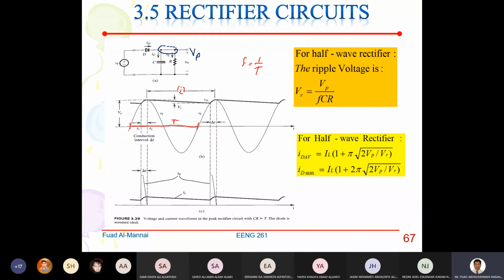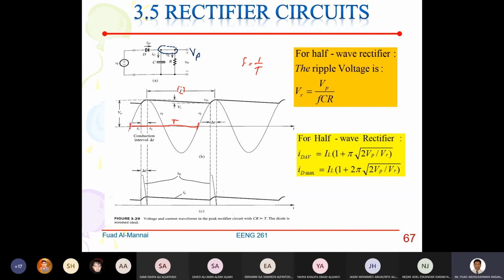During this time the diode will be on, but the rest of the time it will be off, because the work is done by the capacitor. And the IL here will be Vout divided by R, and it will give you the same result as this one here. This is Vout.